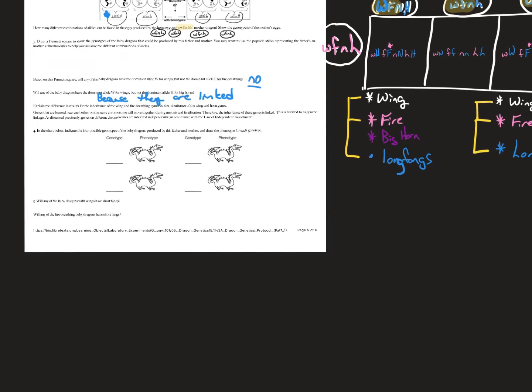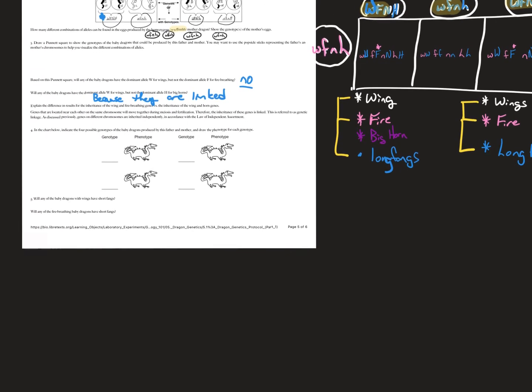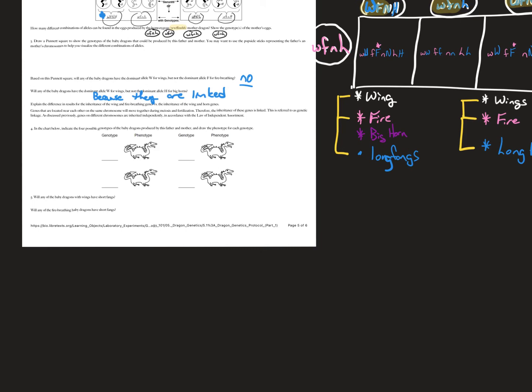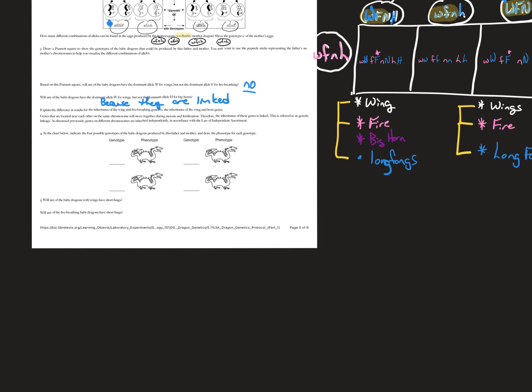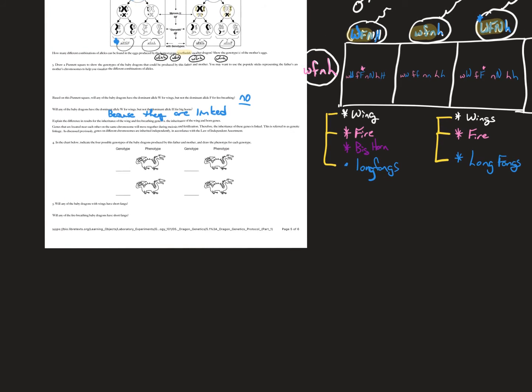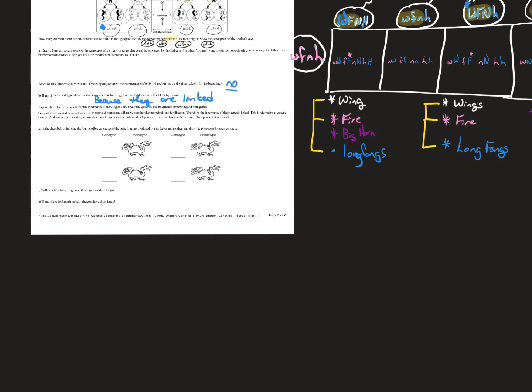So the genes located near each other on the same chromosome will move together during meiosis and fertilization. Therefore, inheritance of these genes is linked, as I just said. It is referred to as genetic linkage. As discussed previously, genes on different chromosomes are inherited independently, in accordance with the law of independent assortment.